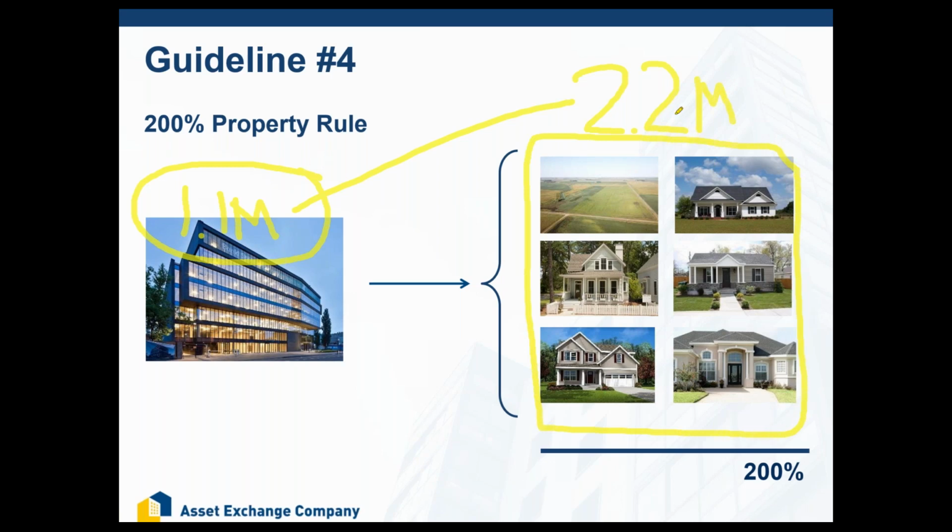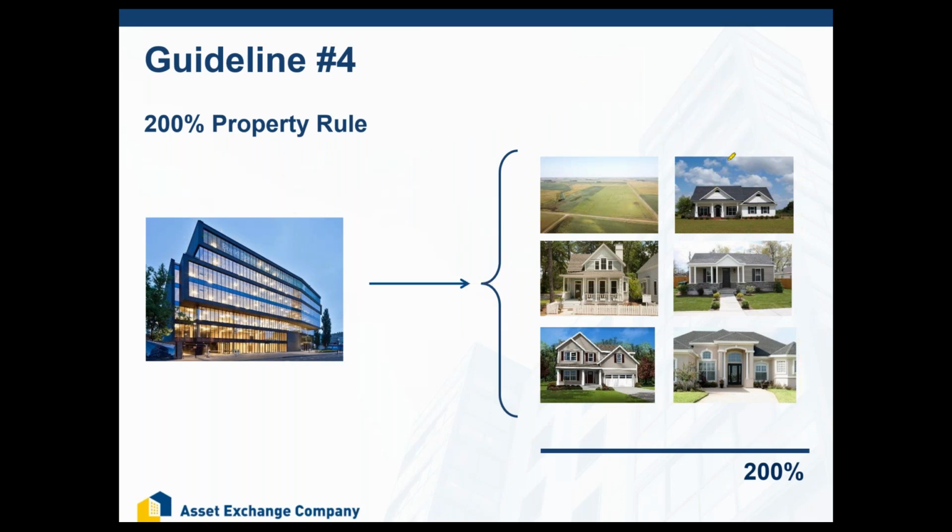So there's no limit on the number, but the value cannot exceed $2.2 million. So that might be 10 or 11 properties out in Texas, right? You get a bunch of $200,000 properties that you identify, and then you close on a handful of them. That is the 200% rule. That is a way for you to identify more than 3 properties.